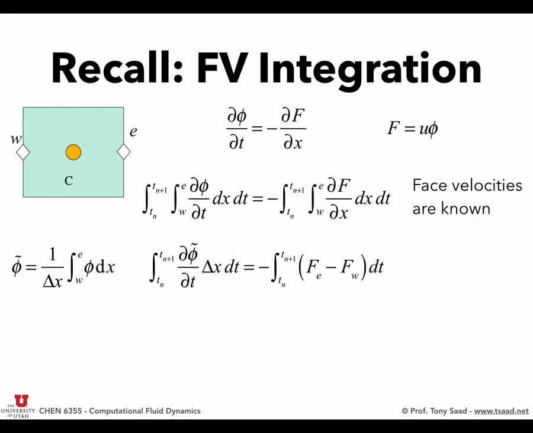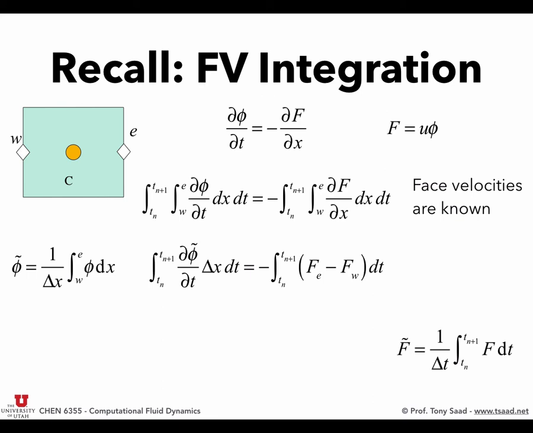I don't need an average value in time for this guy because dt and dt cancel out. We get phi n plus 1 minus phi n. But for this guy, we don't know. We need to take an average value for f. So we call this f tilde, the average value in a time interval. So think of time as a cell, right, just like this one.